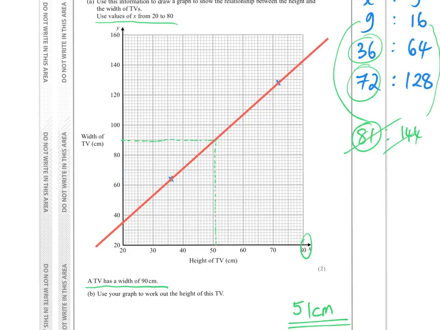I'm sure you'll probably have something in the range from, I don't know, 48 to 52 or something a bit wider perhaps. Okay, so that would be my estimate, and as long as you show your dotted line there, use the ruler properly, you can't really go wrong.